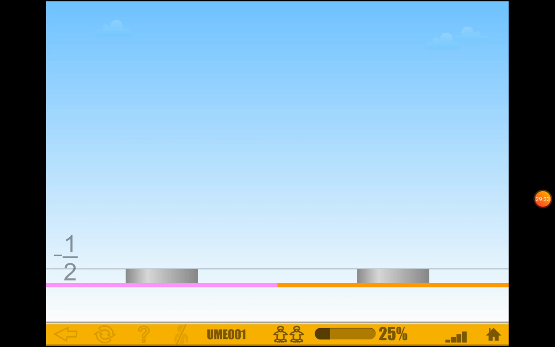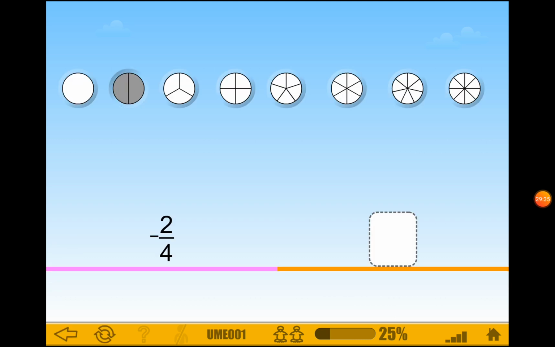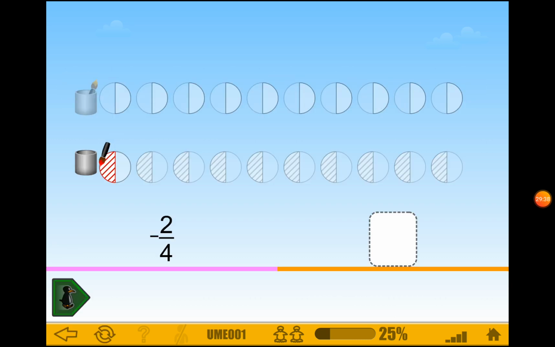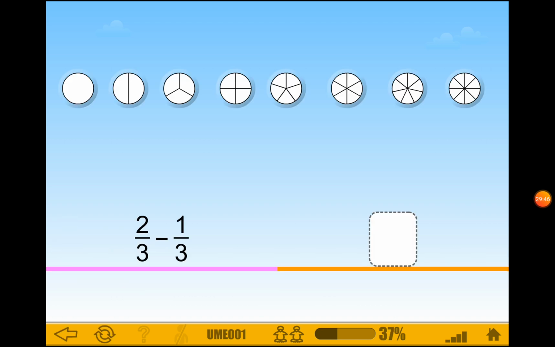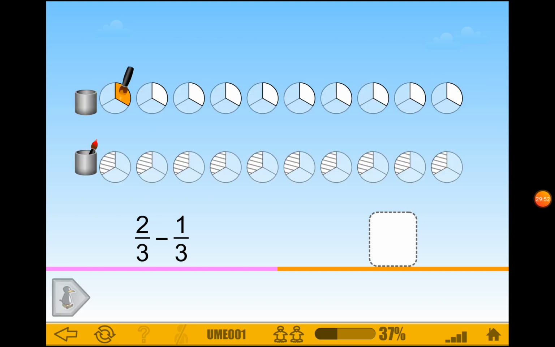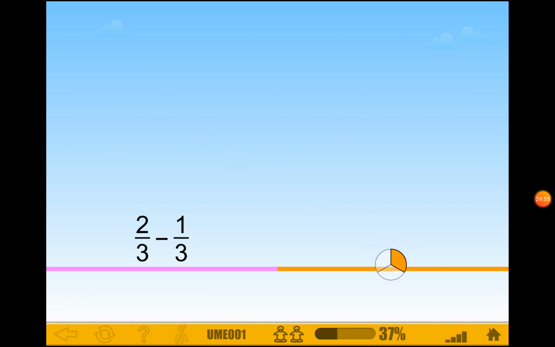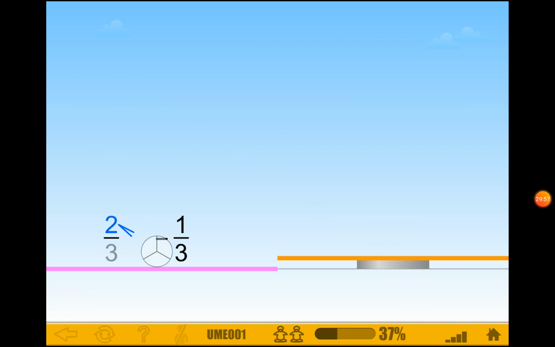That's correct. This would be negative 2/4, which is also equal to negative half. So 2/3 minus 1/3 is 1/3, so that would be right there. And that's correct.